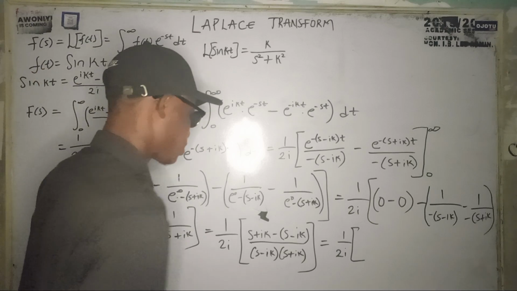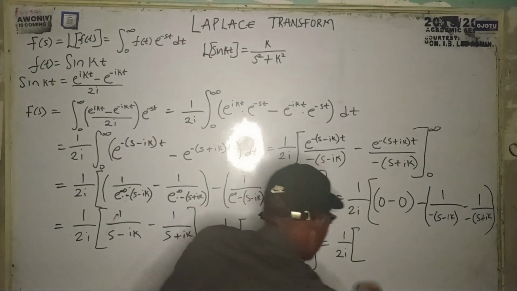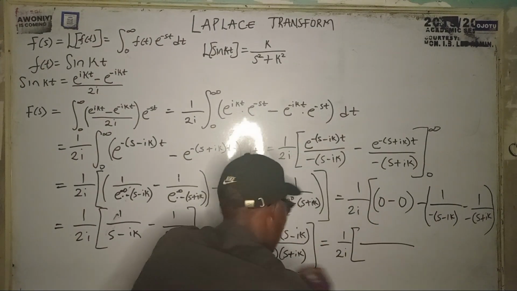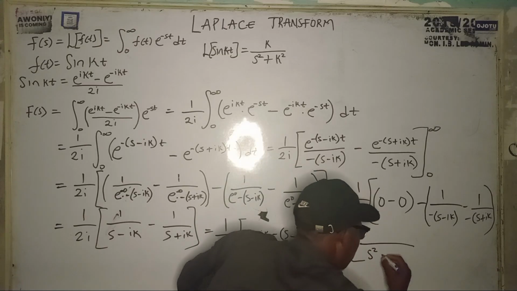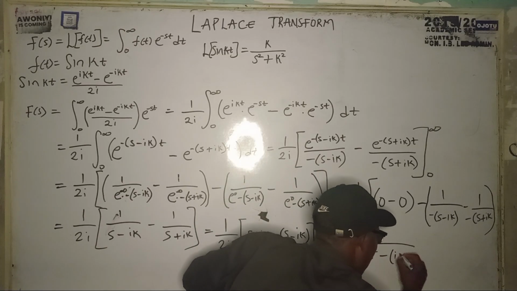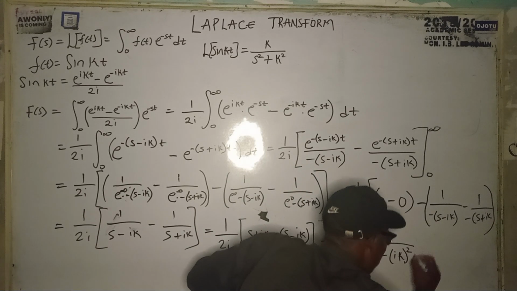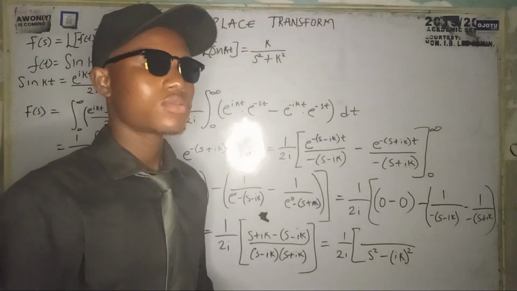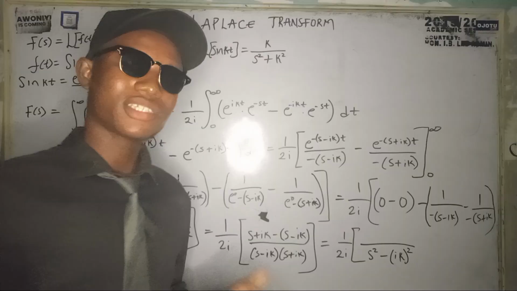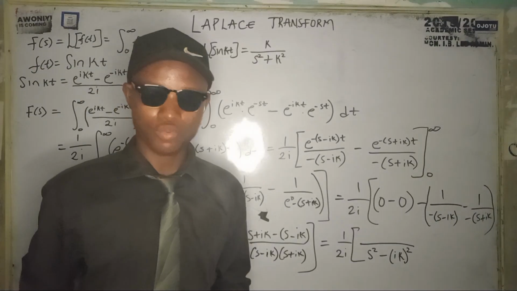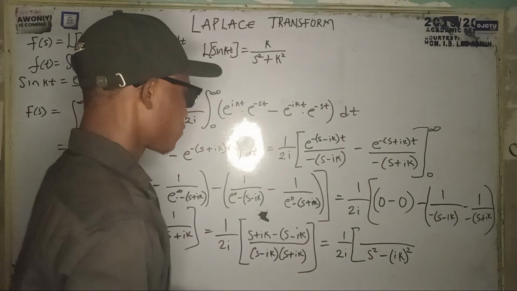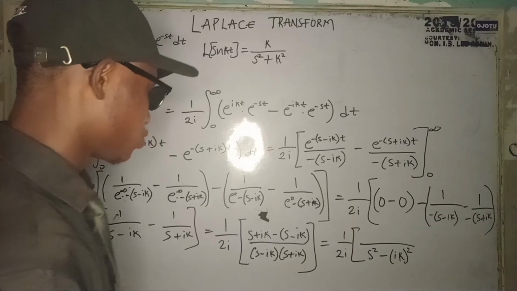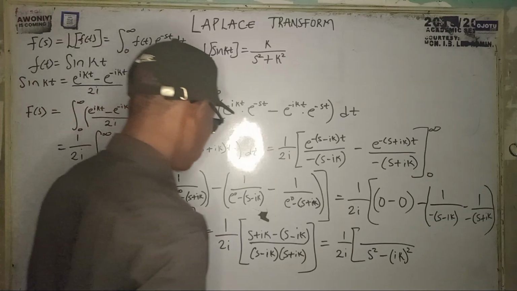So in the denominator we have s square minus into bracket ik square. And let's not forget that the i there is not just any number. The i there is the imaginary unit, which is the square root of minus 1. So that is that, so we move on.